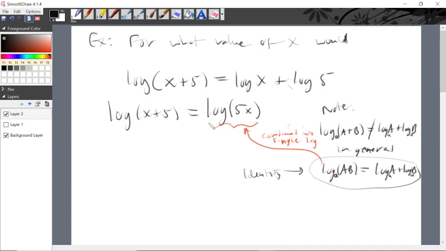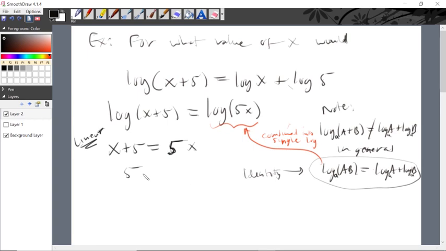All right, once we have it written like this, notice we have a log of something equal to the log of something else, and they have the same base, so we can use that one-to-one property. That is, we can set the arguments equal to each other. x plus 5 is equal to 5 times x. Now notice we just have a linear equation here, and we can solve it pretty easily.